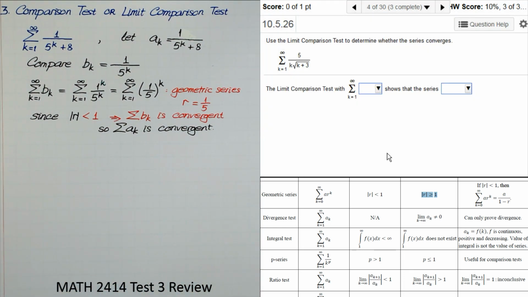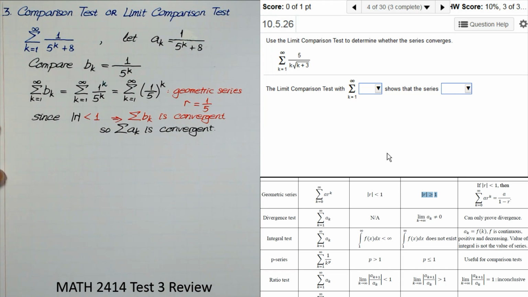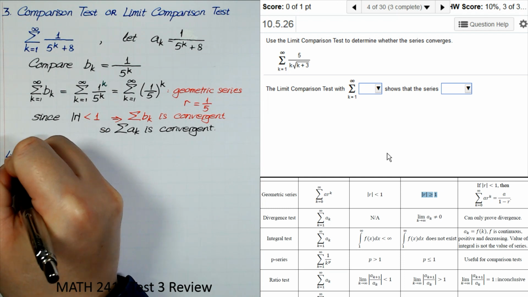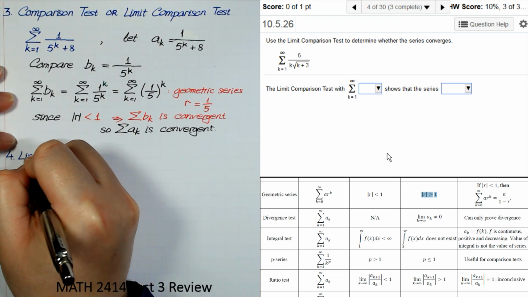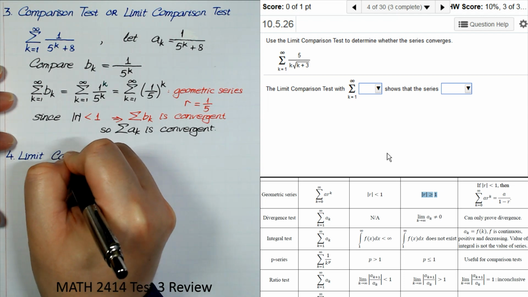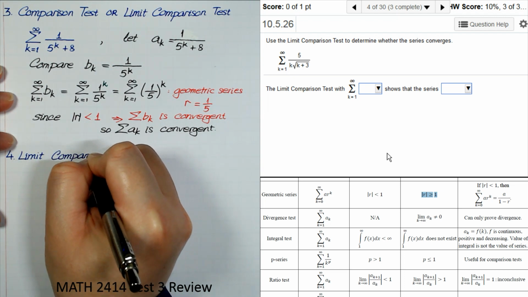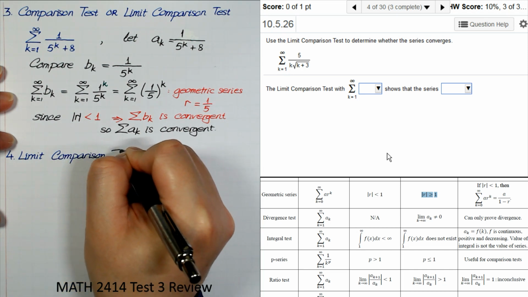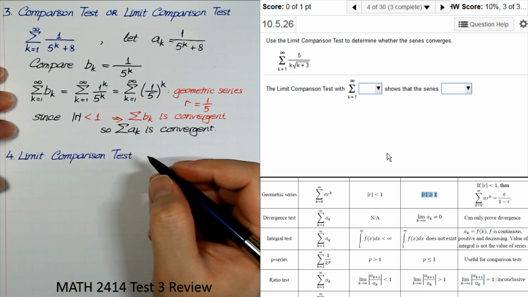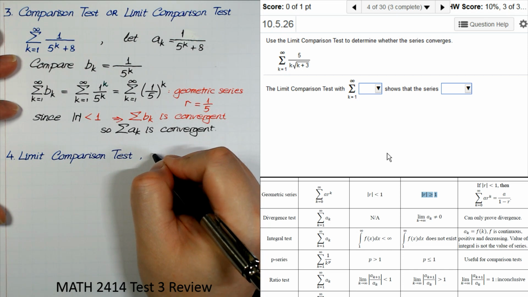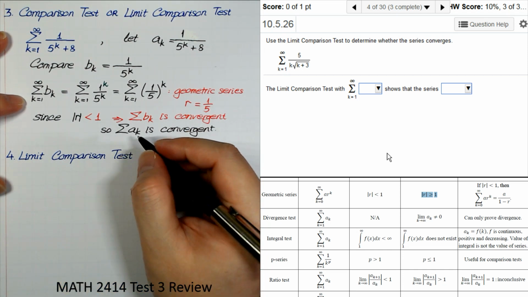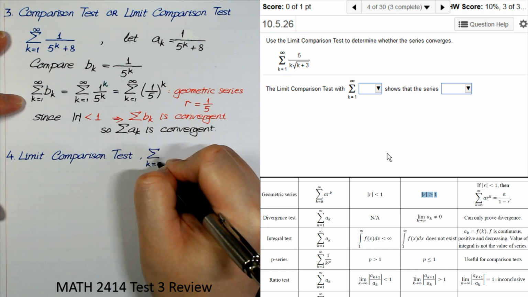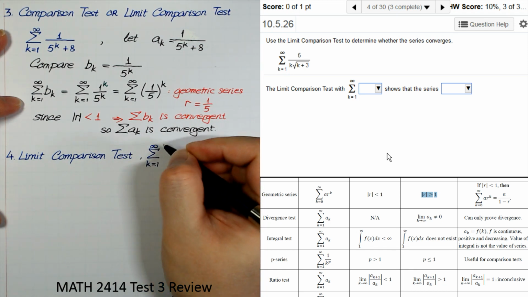I don't really like the question, kind of limited our choice. Right. For limit comparison test, I prefer this test on paper, but cannot really do that.